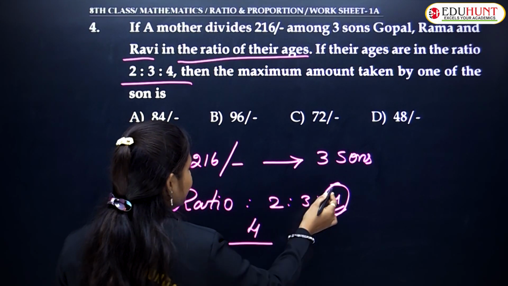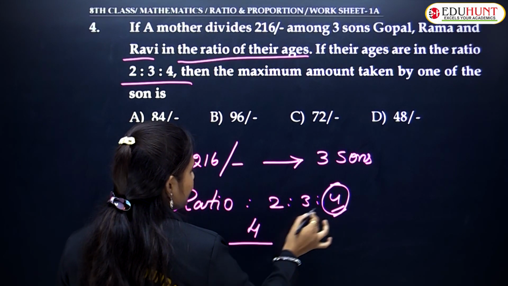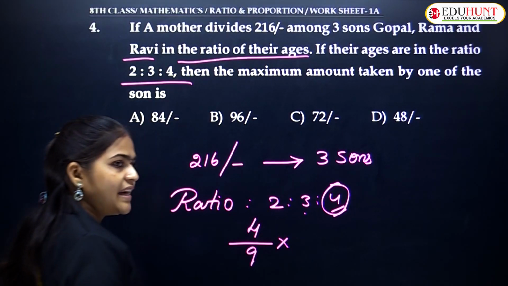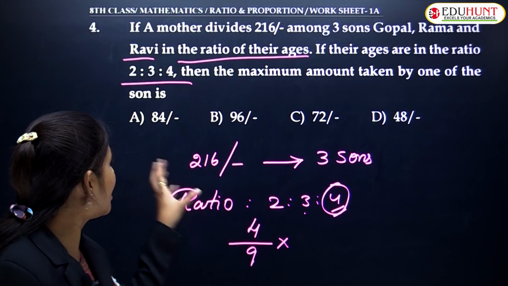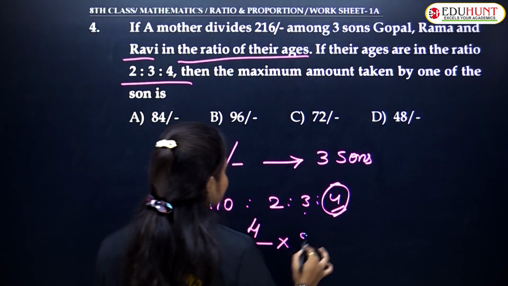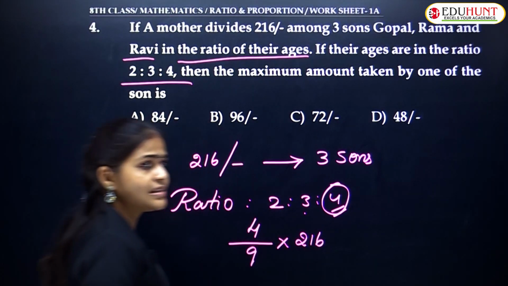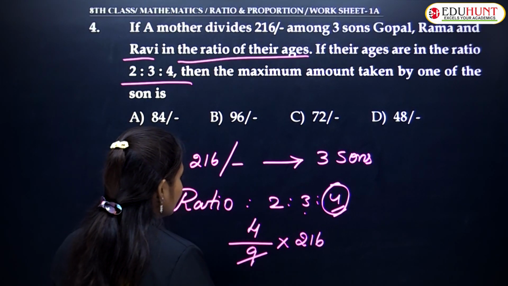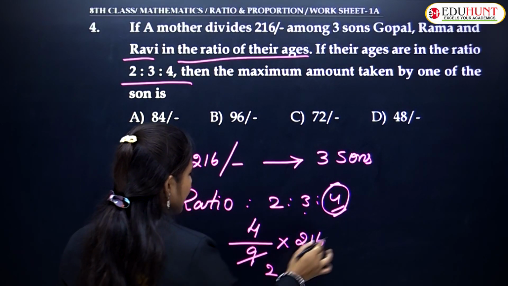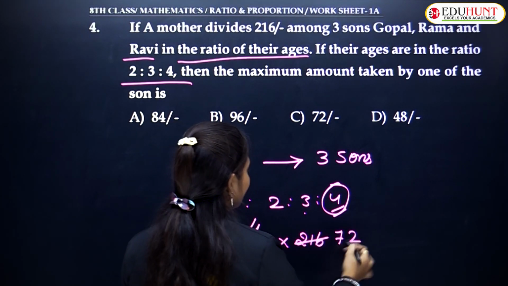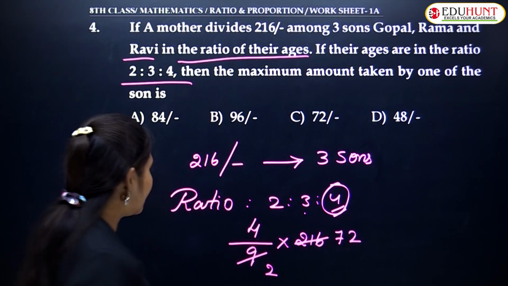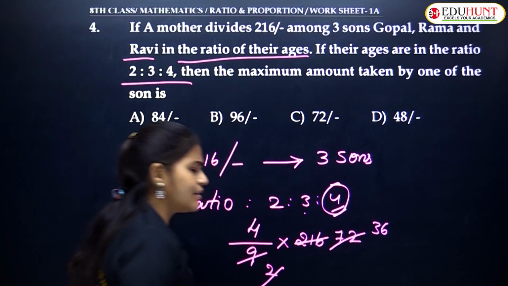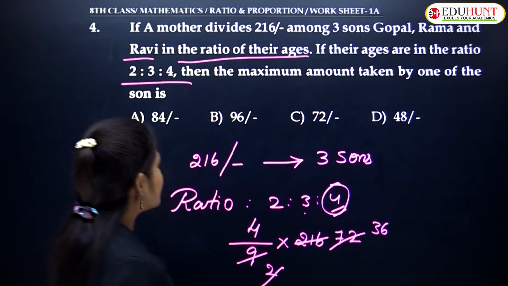So 4 by the total number of parts. 4 plus 3 is 7, 7 plus 2 is 9. So 4 by 9 into the total amount, which is 216. Now cancel: 3 twos are 6 and 3 sevens are 21. Or you can directly do the cancellation.